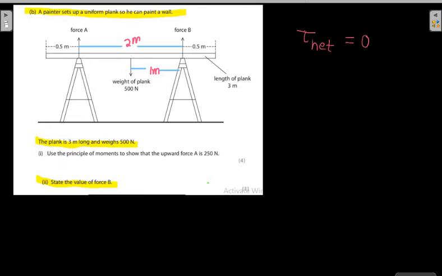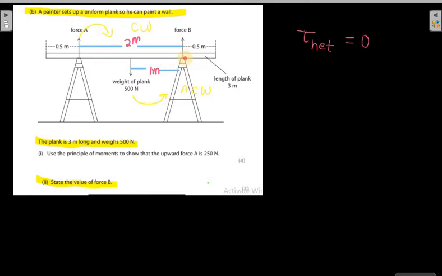If we see clearly, this force has a tendency to rotate the plank along this direction. This is known as anti-clockwise direction, and the force A has a tendency to rotate the plank along clockwise direction.